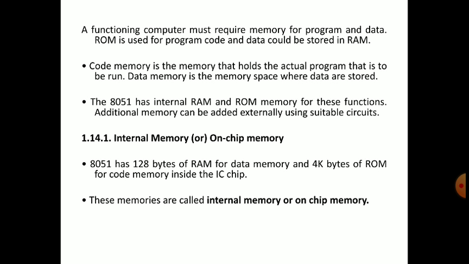Code memory holds the actual program that is to be run. Data memory is the memory space where data are stored. 8051 has internal RAM and ROM for these functions. Additional memory can be added externally using suitable circuits.